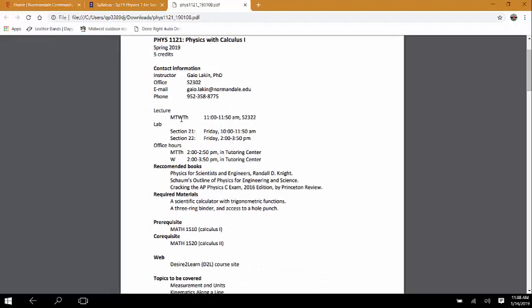Lectures are Monday, Tuesday, Wednesday, Thursday at this time. And there are 2 lab sections. One is basically 10 to noon on Friday, and the other one is Friday from 2 to 4.